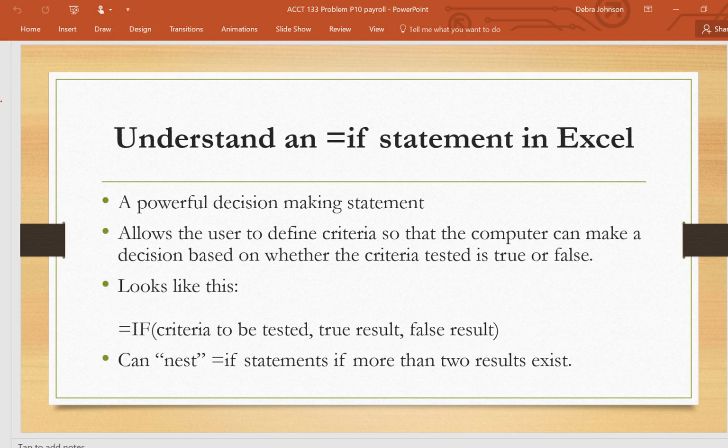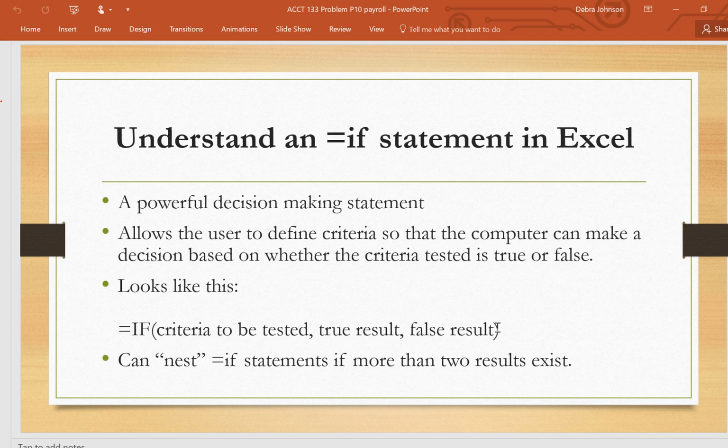If the criteria to be tested is found to be true, then the first result will be carried out. If it's found to be false, the second result will be carried out. You can also nest equals if statements if more than two results exist.